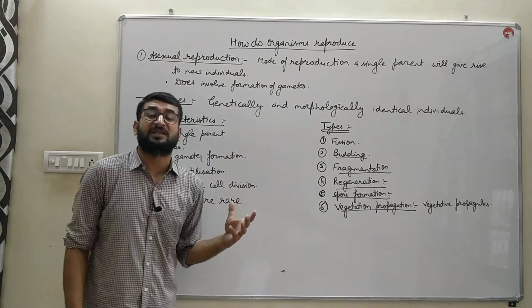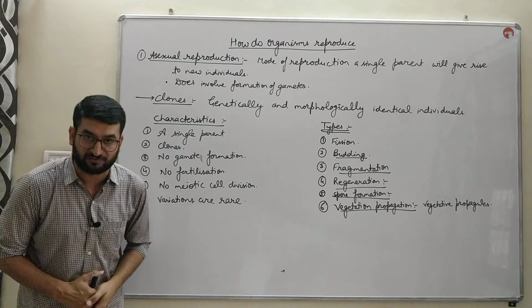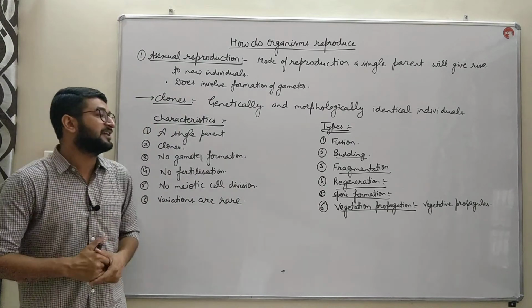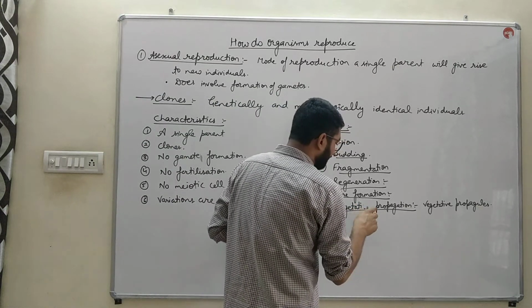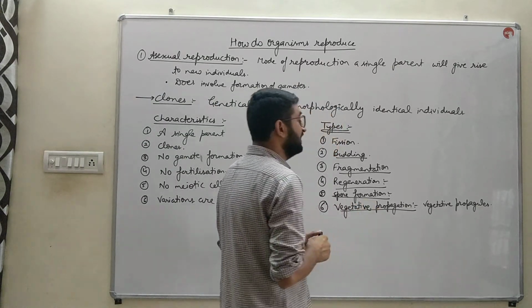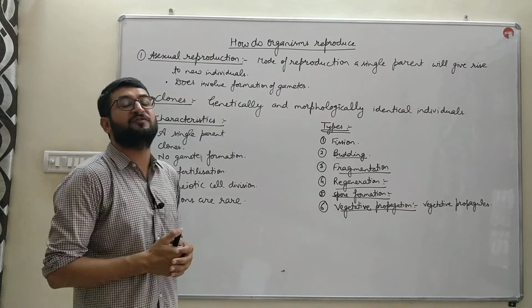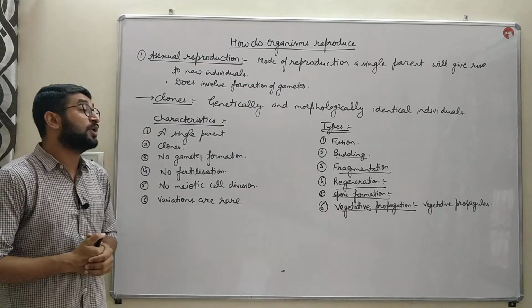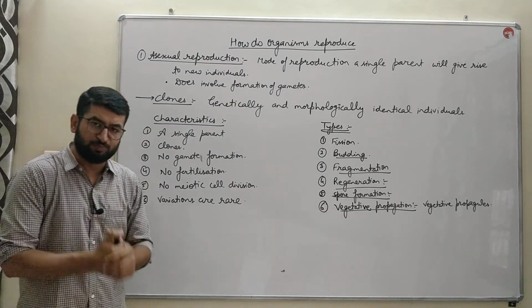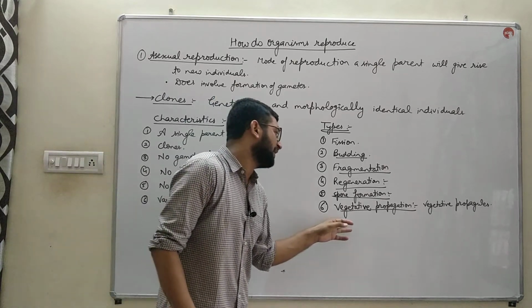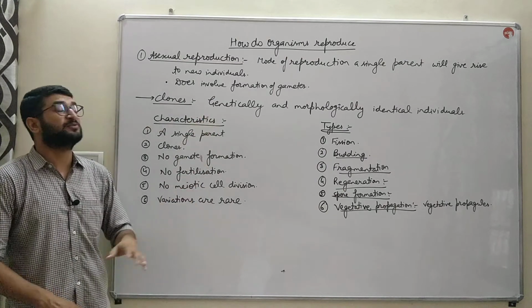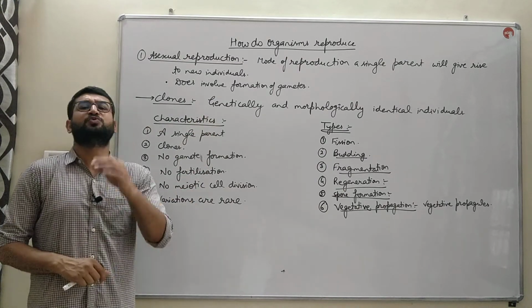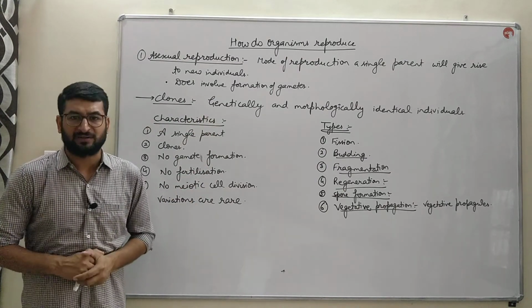Vegetative propagules are the smaller reproductive units of the plants which will give rise to a young plant. So, the mode of reproduction in which vegetative propagules of a plant will give rise to a new plant, that method is known as vegetative propagation. So these are the types of asexual reproduction which we will discuss one by one in this chapter.